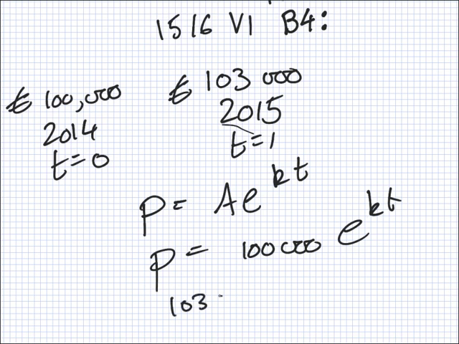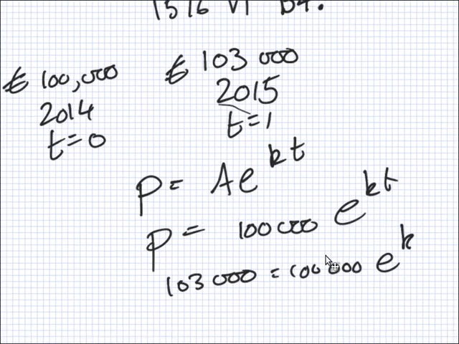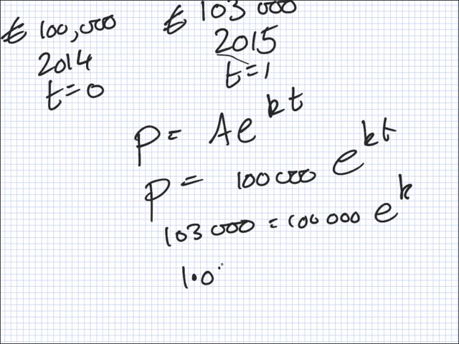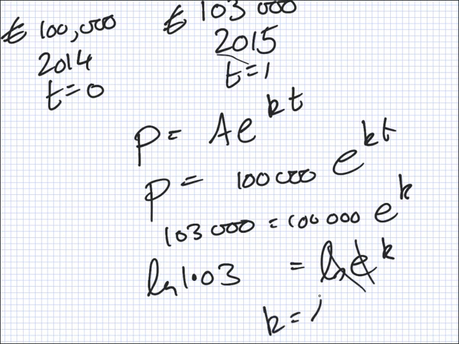So we get 103,000 equals 100,000 e to the k. So divide by 100,000, I get 1.03 equals e to the k. And if I log both sides, I get my k. My k is log 1.03. What is that, please?